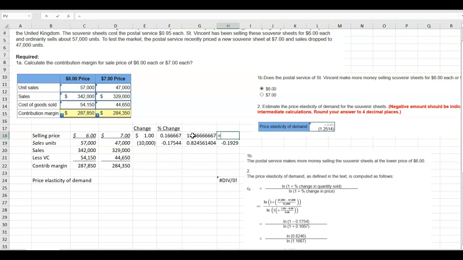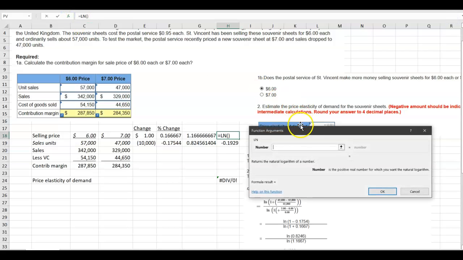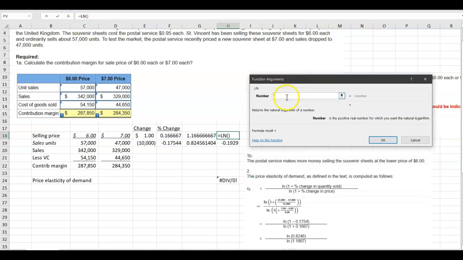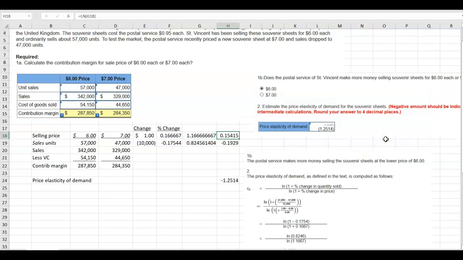I'm going to say equal LN left paren. Now you guys know I like to call up the function so you can see it. It says, well, what number? That number. Okay, and then you can copy that down and you'd get the value for the next row, for the selling units. So now that we have that, we've got the numerator and the denominator, we can do the division.